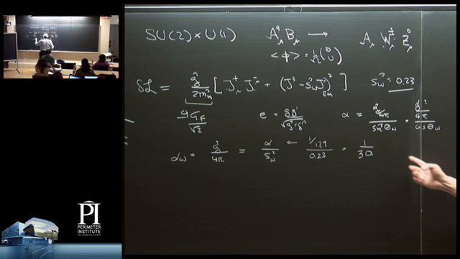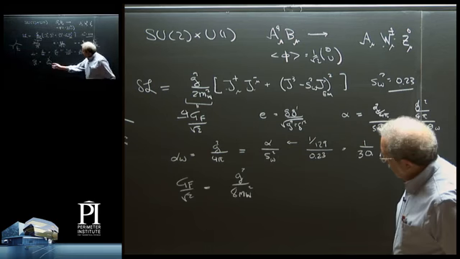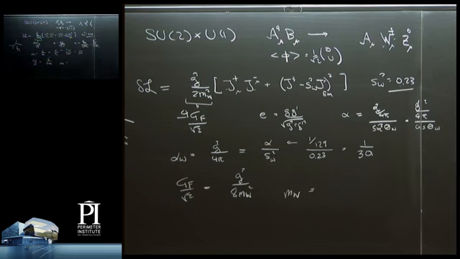Okay, now, if I set these two equal to each other, I get another interesting formula. G Fermi over the square root of 2 is equal to g squared over 8 mW squared. And actually, I can solve that for mW, and I'll get the following formula. mW is equal to, let's turn this into e squared, 4 pi alpha divided by 4 root 2 G Fermi times SW squared, all under a square root.